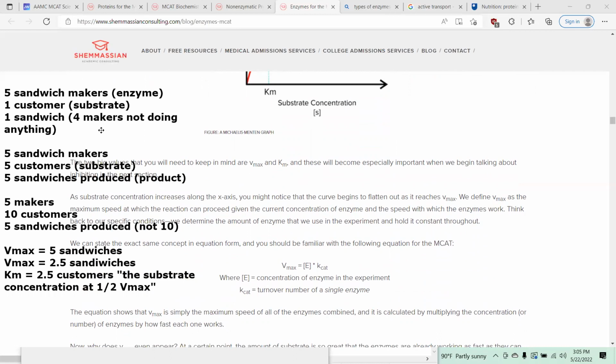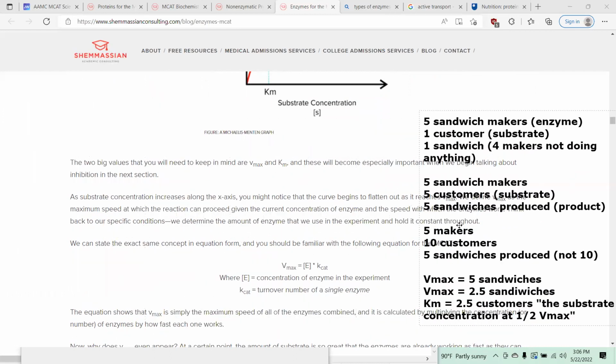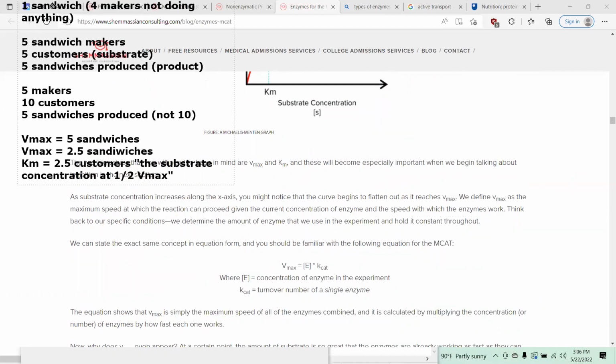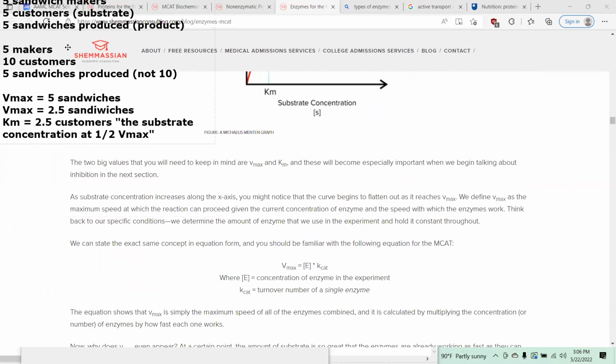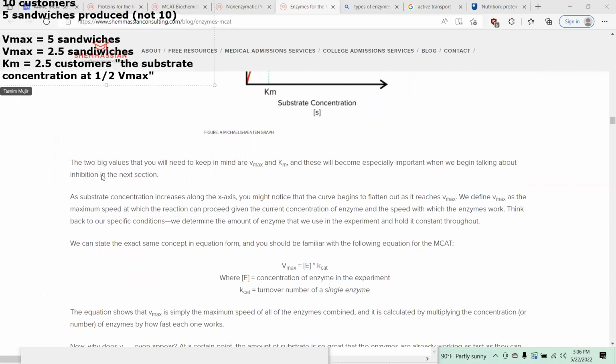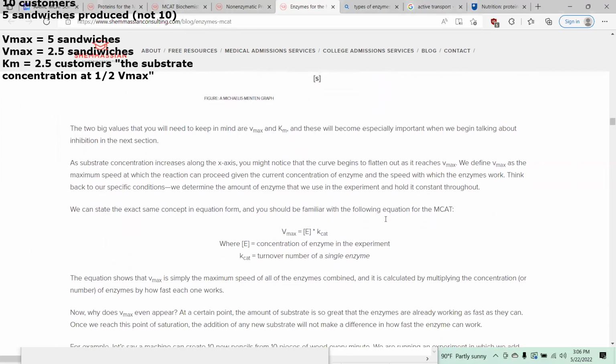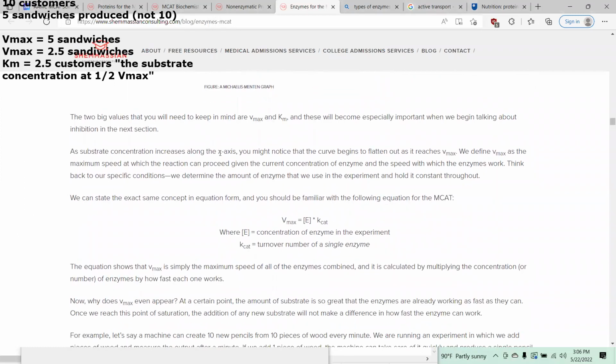I want to move this. Let's stick it up here for now. So as they talk about here, the two big values are the Vmax and the Km, right? As we just described, as the substrate concentration increases along the x-axis, the curve begins to flatten out as it reaches Vmax, because Vmax is the maximum speed.